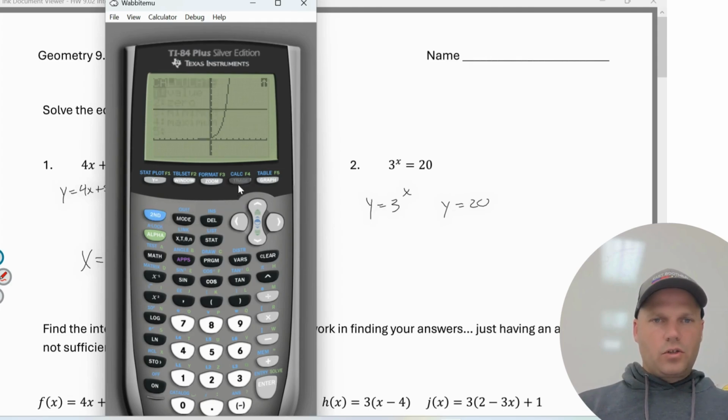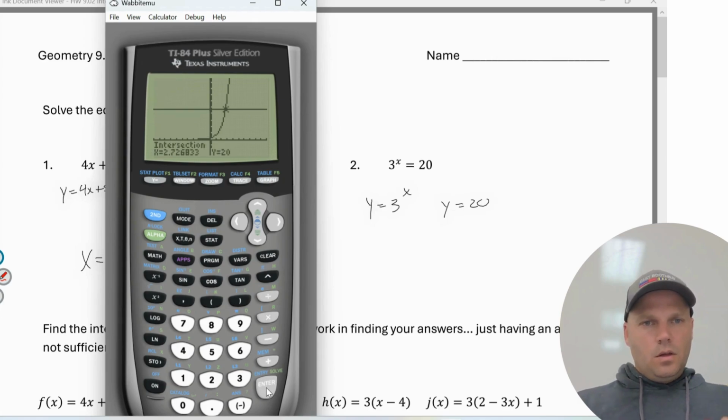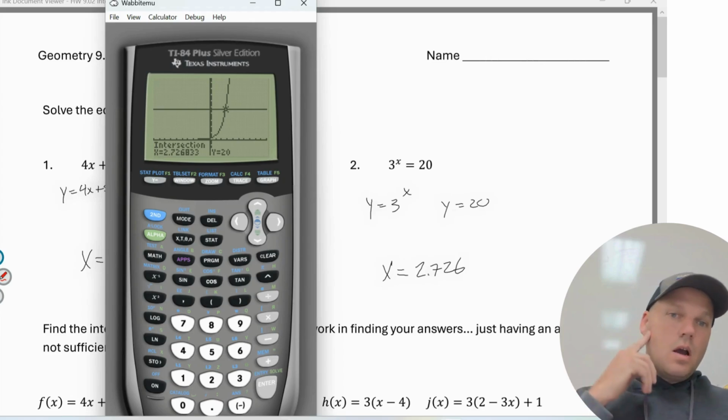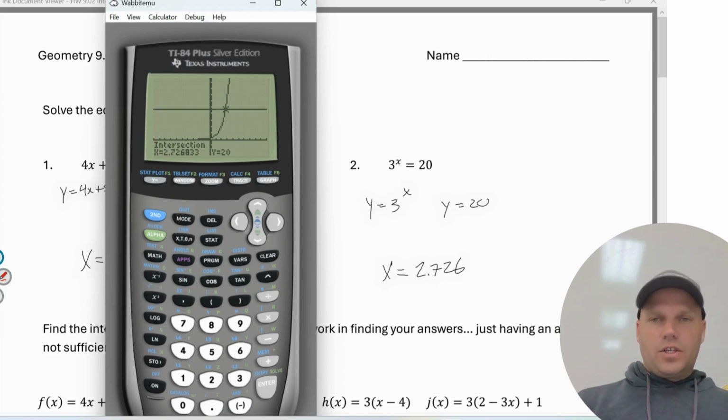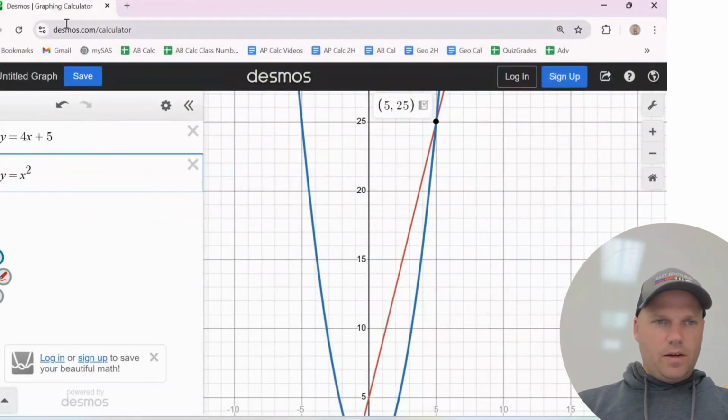We see one intersection. We are attempting to find the x. Now, this is not a perfect number, and this is showing you your calculator will always give you decimals. Sometimes we don't want decimals, we want exact answers. Don't worry about it right now.